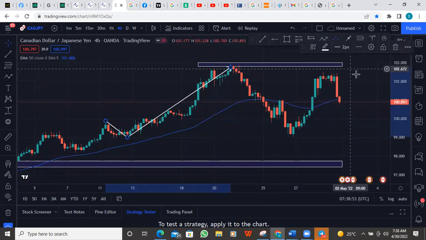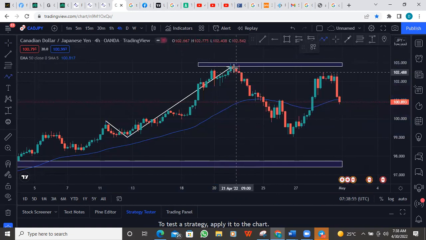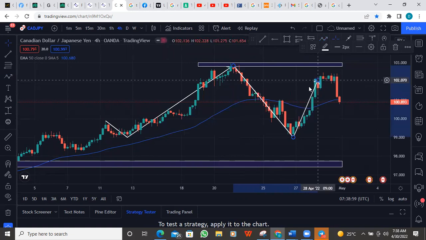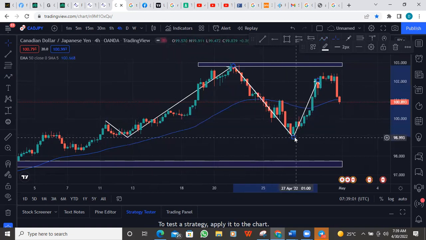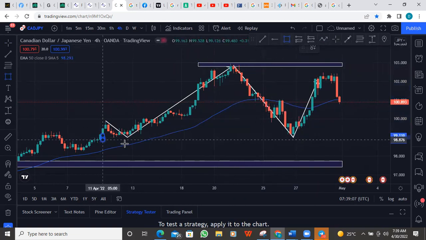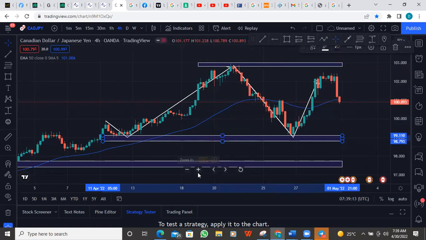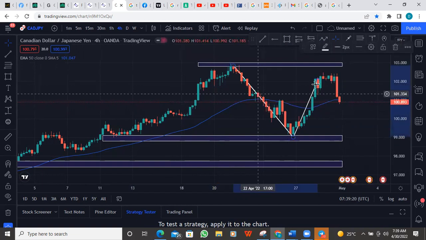And when it left this place, it stopped over here and then went up again. So where price has touched multiple times, that is another zone for me. All I have to do is draw a support zone over here. Are we okay? So I am done drawing another support zone. I hope you can see how easy it is.